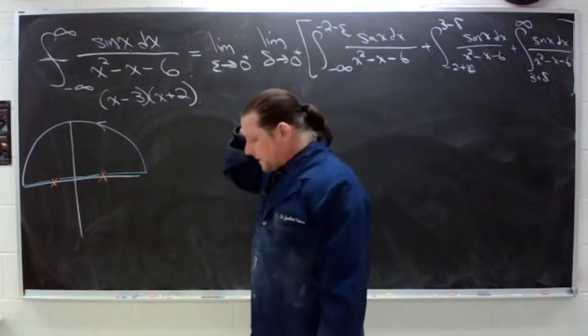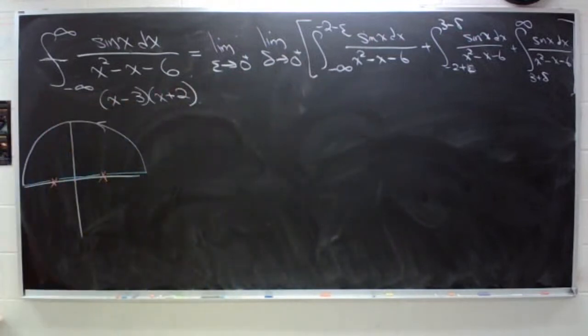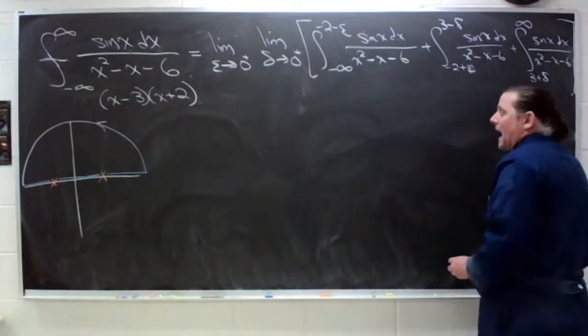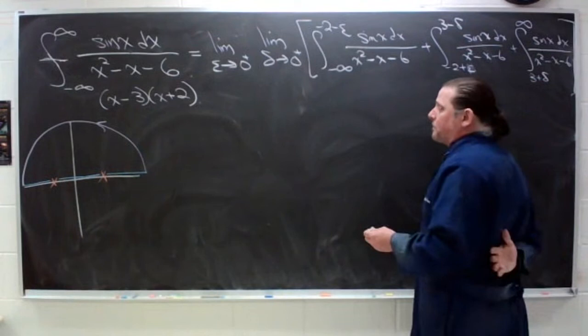If I view this as the imaginary part of e to the ix divided by x squared minus x minus 6, then I can close in the upper half.